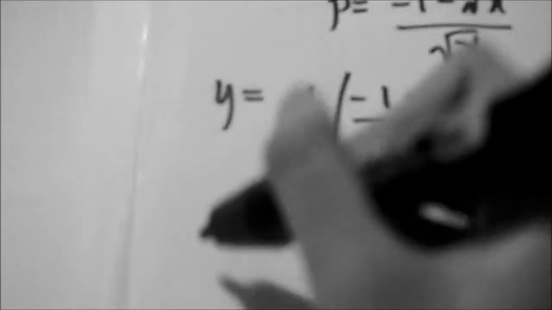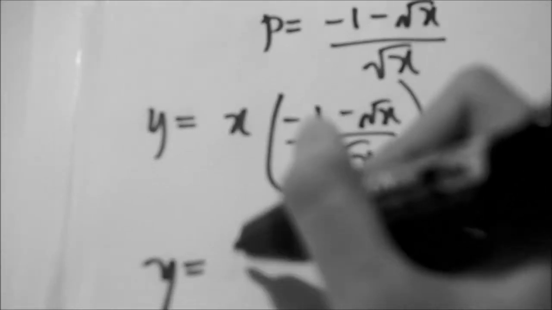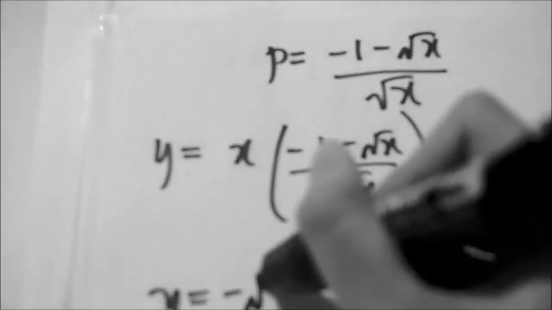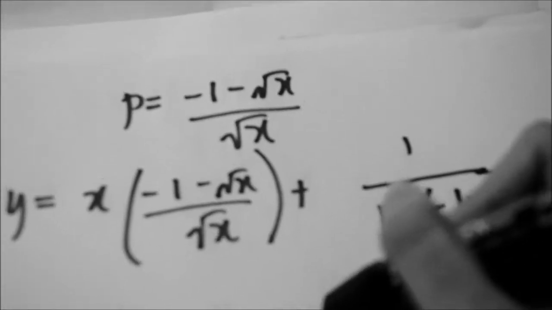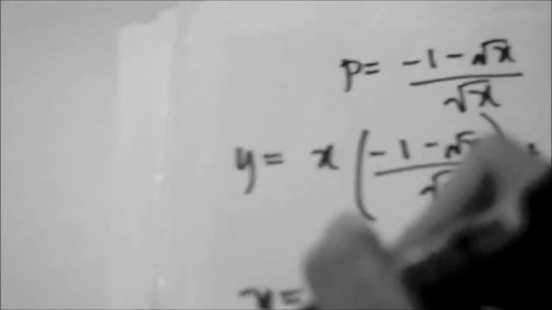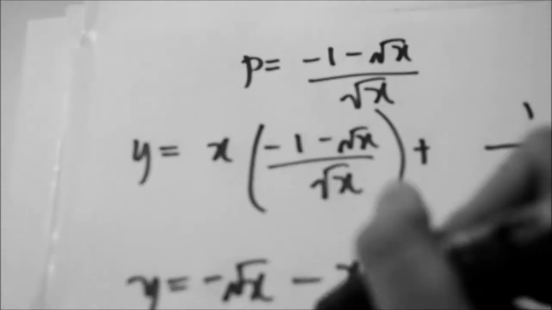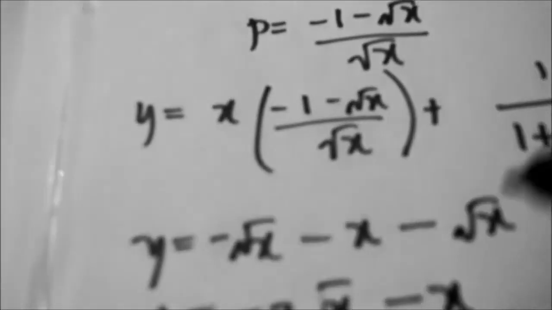Can simplify this further, so we get negative square root of x minus square root of x, and this is just equal to -2 square root of x minus x.